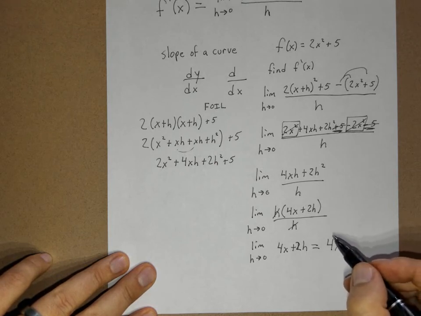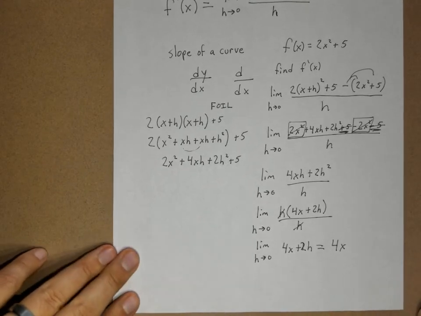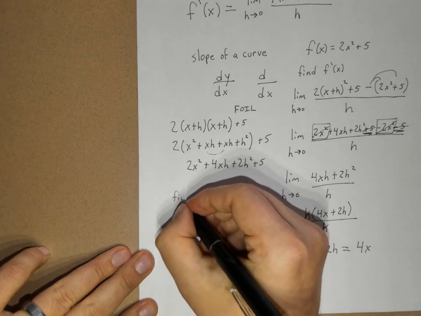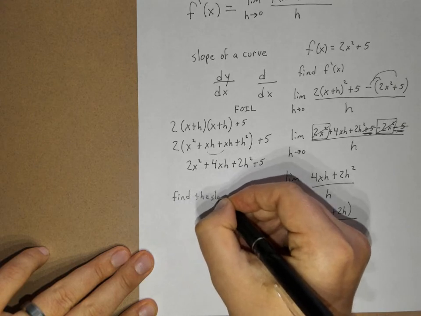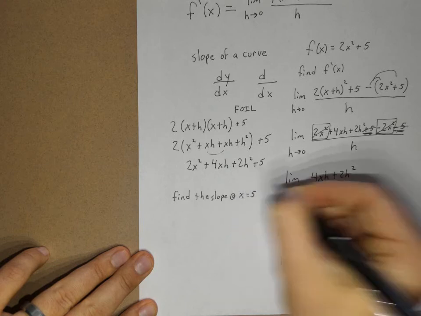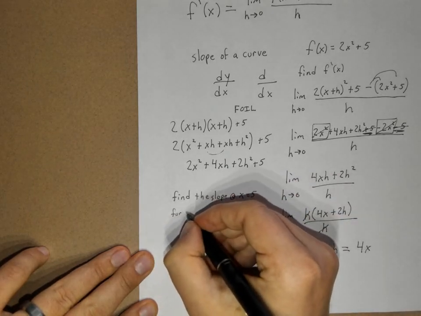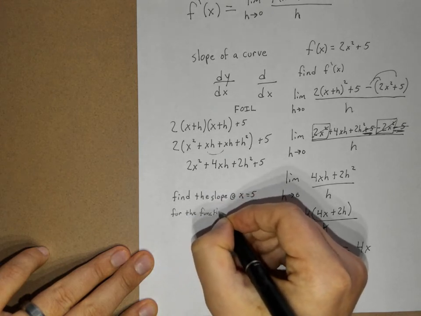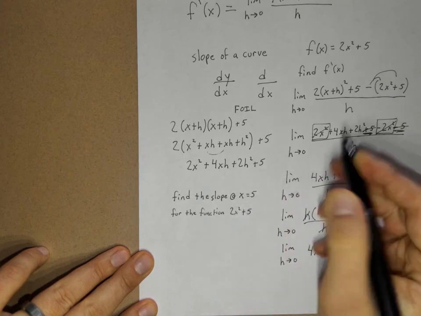What this represents is that if I want to find the slope at any given point, all I need to do is substitute a value into this equation, and I should be able to get the slope at that point. So for example, let's say I want to find the slope at x equals 5, for the function 2x squared plus 5, because that's what we originally had.